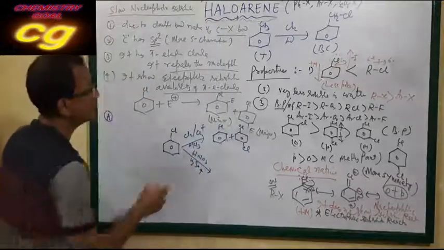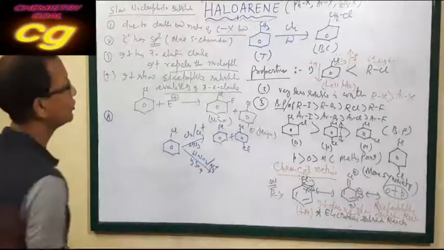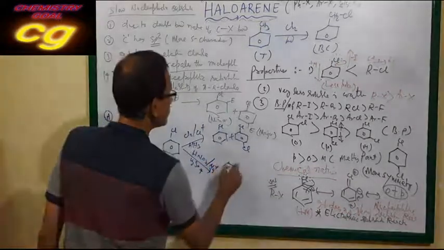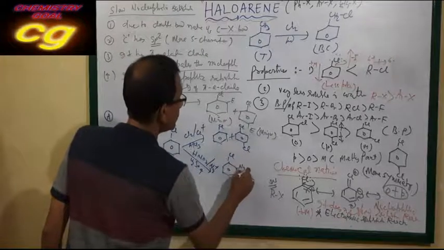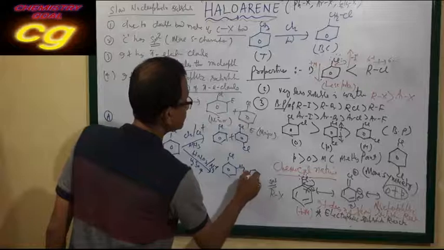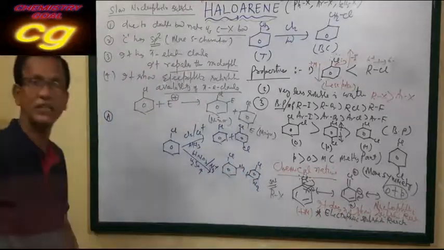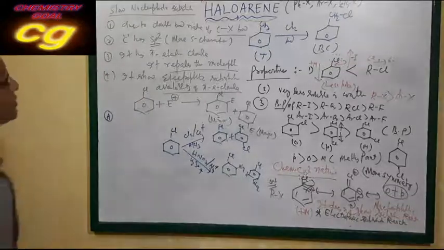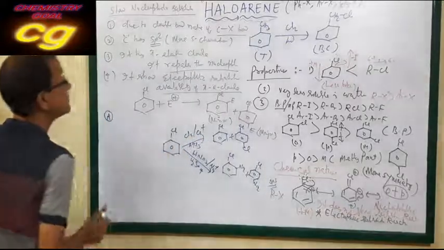HNO3 and sulfuric acid generally produce NO2 plus as the electrophile. So the product will be the nitro substituted product, chlorine ortho plus para, and the para product is generally the major product. This reaction is called nitration. Halogenation, nitration.